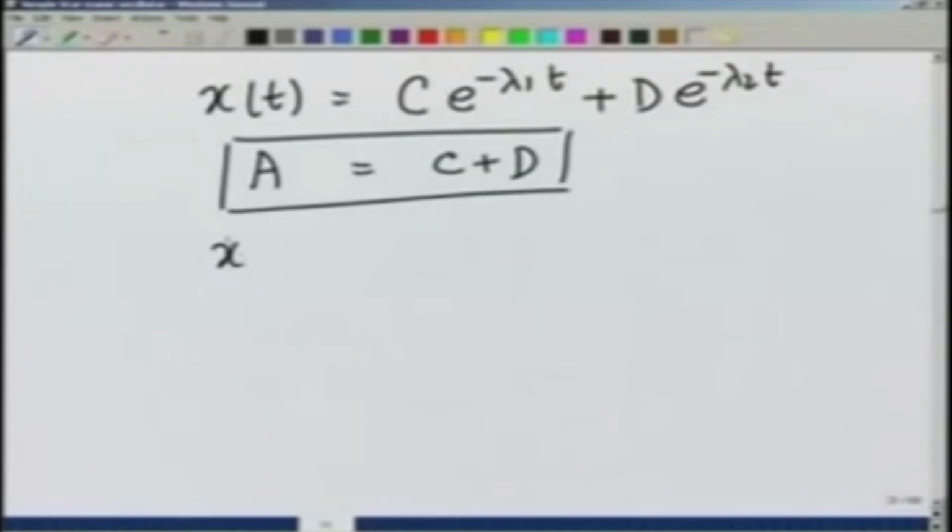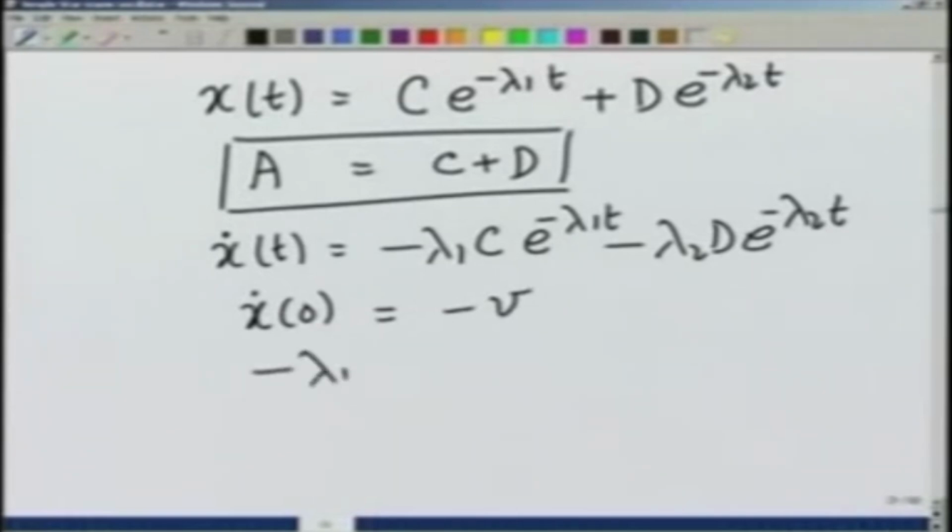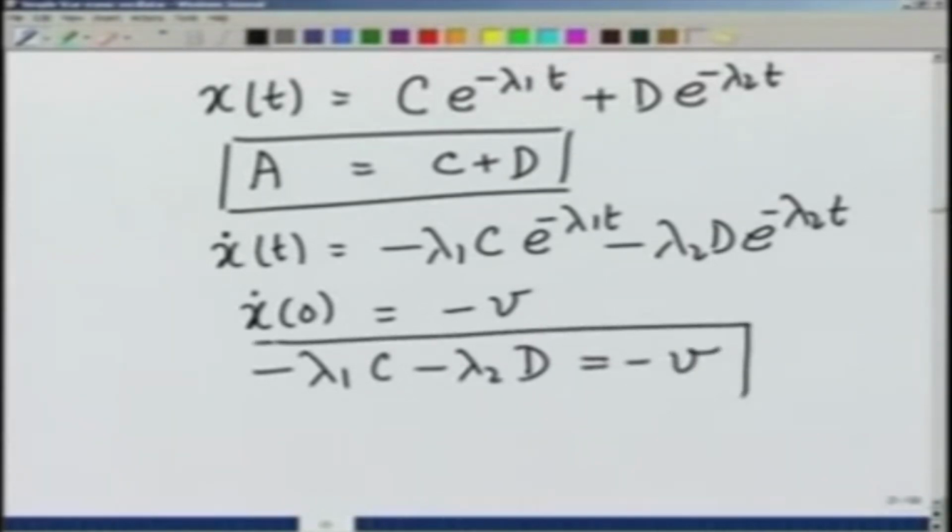Similarly, x dot(t) is equal to minus lambda 1 c e raised to minus lambda 1 t minus lambda 2 d e raised to minus lambda 2 t, and when I take x dot(0) to be minus v, I get minus lambda 1 c minus lambda 2 d is equal to minus v. I have two equations and two unknowns. I can solve them. I leave it for you to work out.